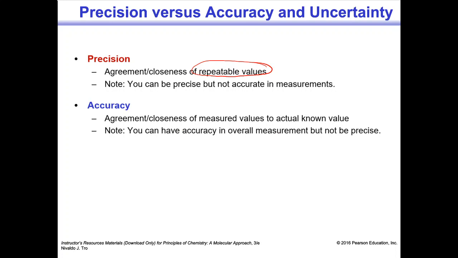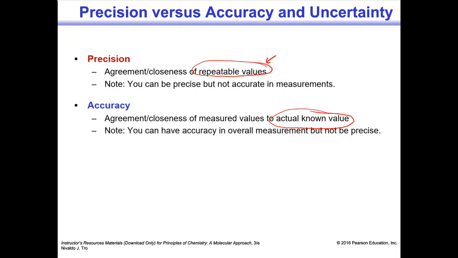Accuracy is the agreement or closeness to the actual known value. So precision tells me, can I get the same number over and over? Is it repeatable? That's the key here. Precision is repeatable. Accuracy tells me, how close is it to the actual known value?